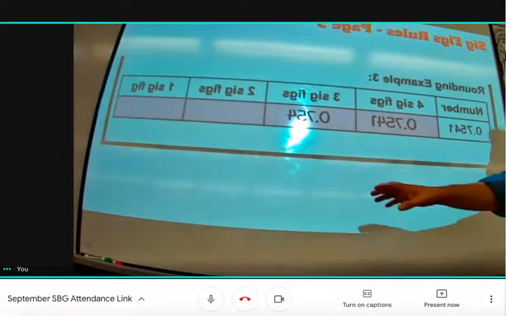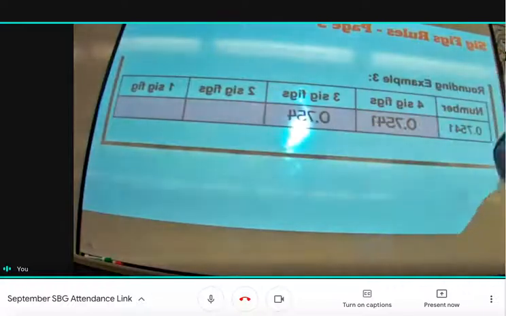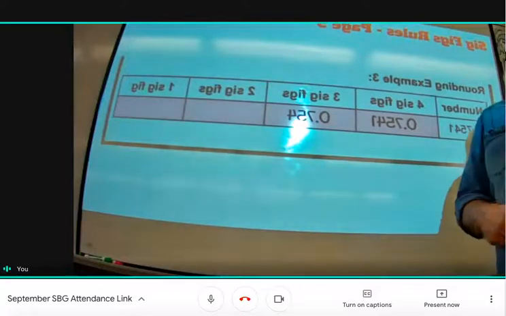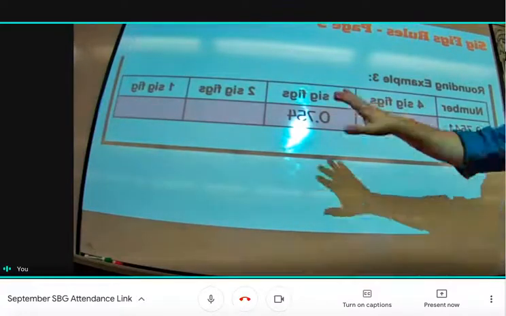Can you unmute yourself and tell me what this number is rounded to 2 significant figures? Okay, not getting an answer from Allison. Let's go with Areli. Can you unmute yourself, please, and tell me what this number is rounded to 2 significant figures?